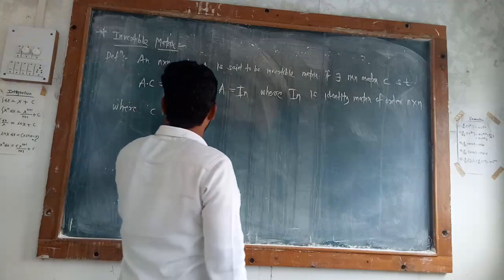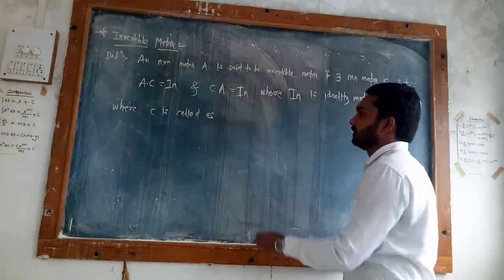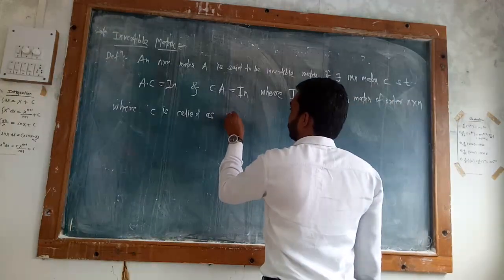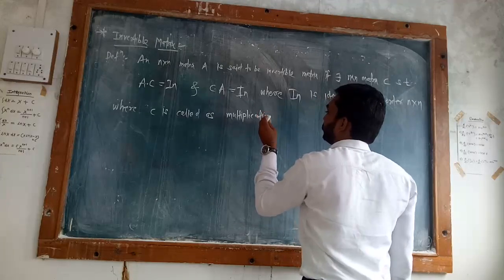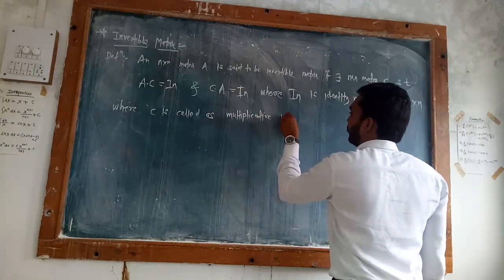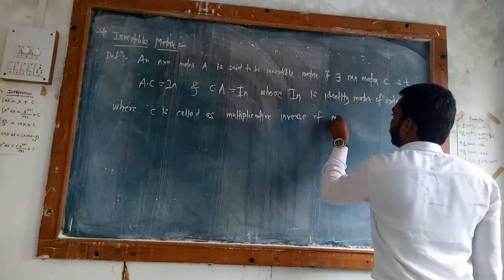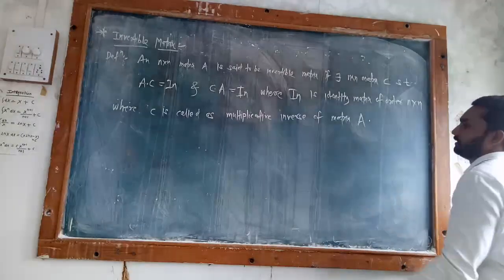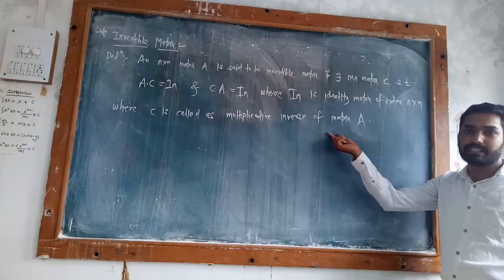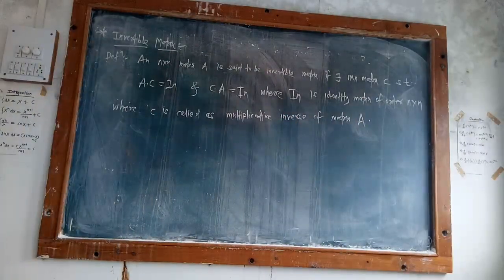Where C is called the multiplicative inverse of matrix A, right?